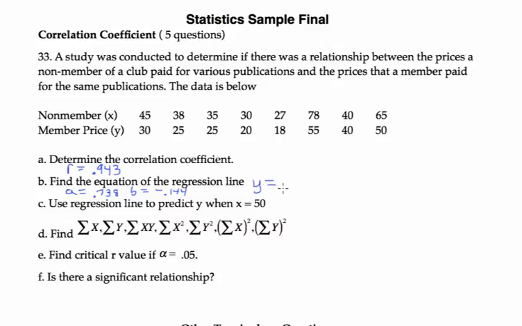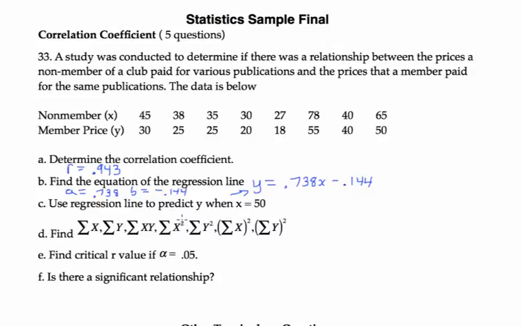So that'll be y equals ax plus b. So our a is 0.738 times x plus the b number. That is your answer. The equation of the regression line or the equation of the line of fit.